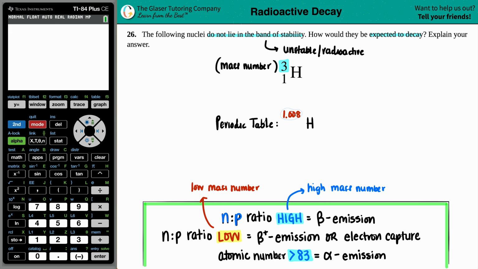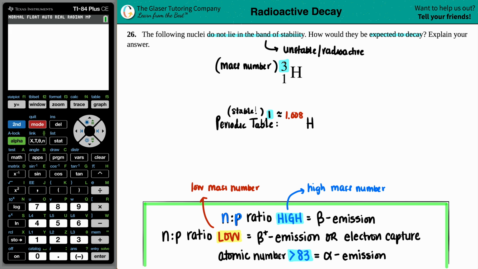Now, always round this value to the nearest whole number. This 1.008 is roughly around 1. That means that hydrogen wants to have a 1 as its mass number. This is the stable form for hydrogen.